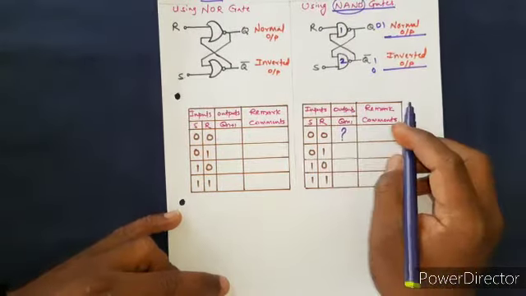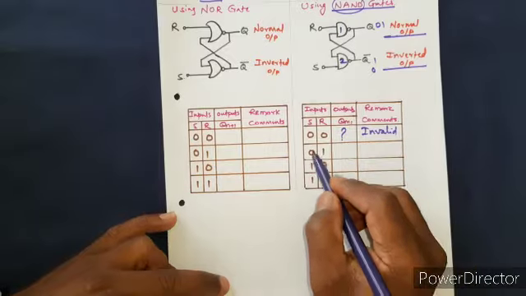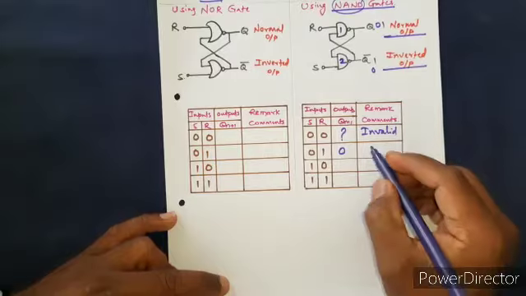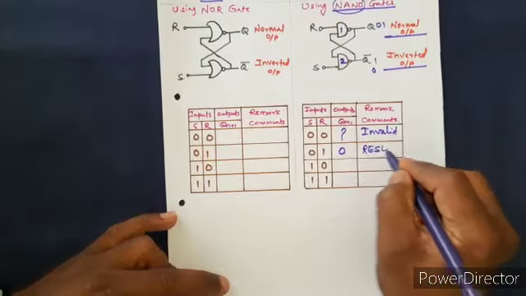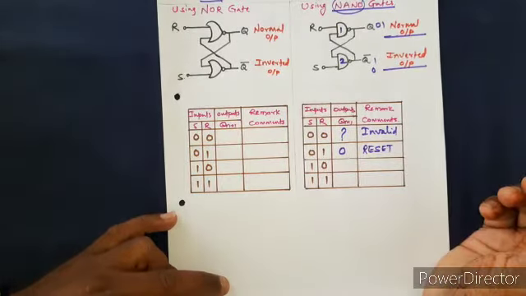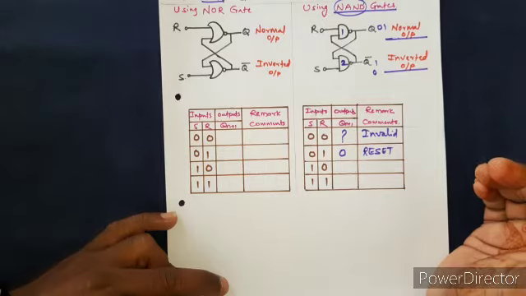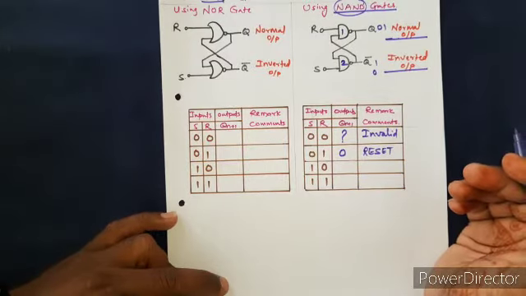When it is 0 1, you can see that 1, meaning high, is given to R. This is the output of the SR flip flop when S is 0 and R is 1, which means the circuit is reset. It is like resetting everything to 0 or to the initial conditions.